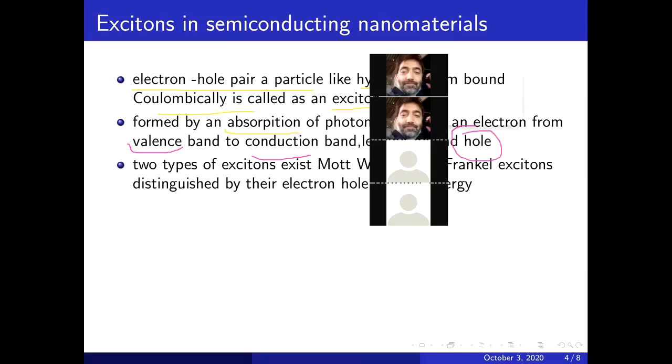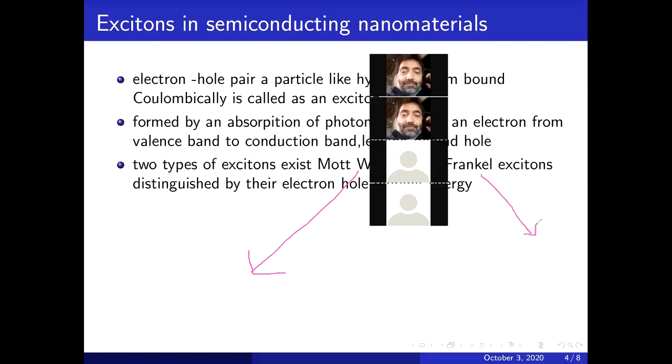In nature, we have two kinds of excitons. This exciton-based physics is a very interesting physics. This needs a little more attention. So we have two kinds of excitons. We have one we call the Mott-Wannier exciton, and another we call the Frenkel exciton.